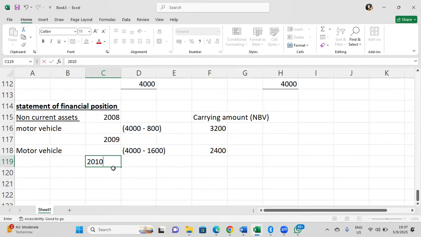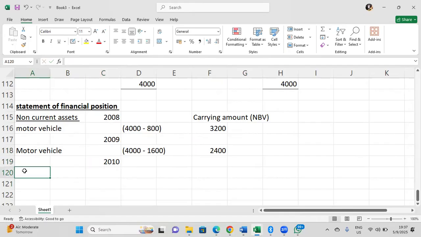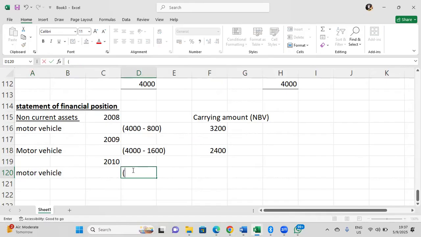2010, the year we sold the asset. Motor vehicle, and say that's the 4,000 minus. So the 4,000 minus the total depreciation. So it was 800, 800.